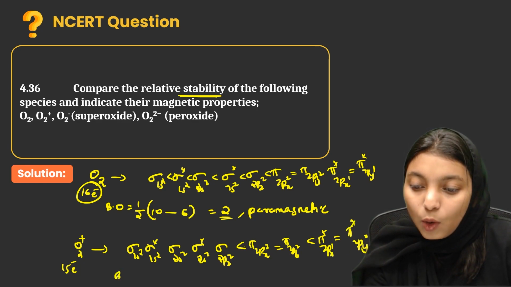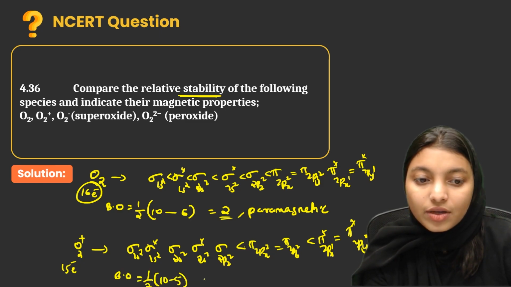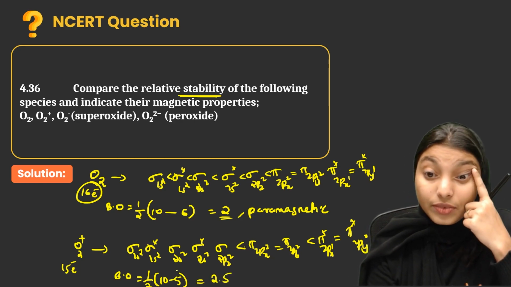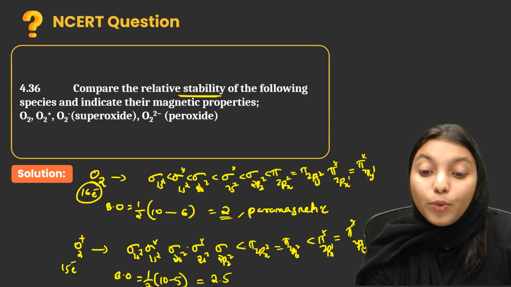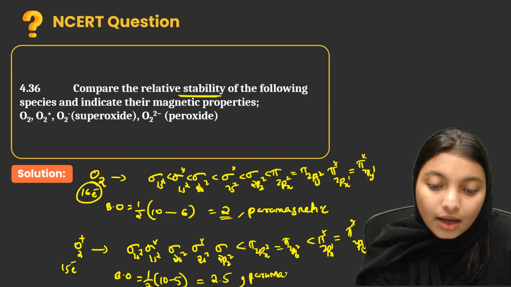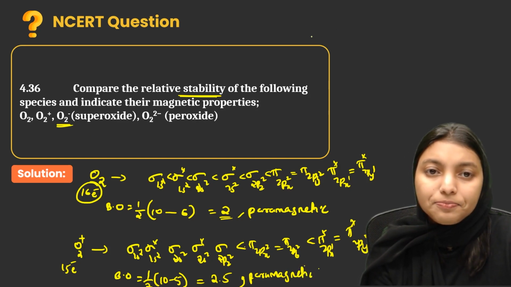Here the bond order we can write as half into 10 minus 5. 10 minus 5 is 5, 5 by 2, 2.5. Clear? I hope you understood this one. This is also again paramagnetic.